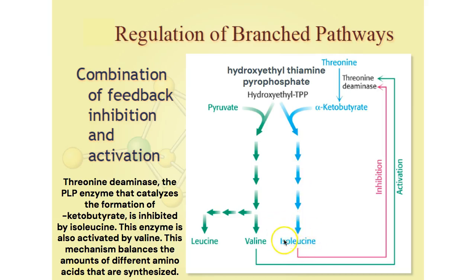So that's how you have that feedback inhibition, because this is the final product, and so it is inhibiting the commitment step, where threonine is being converted down to isoleucine. So now you're not going to have as much isoleucine when it is inhibiting the enzyme that is used to create this amino acid.